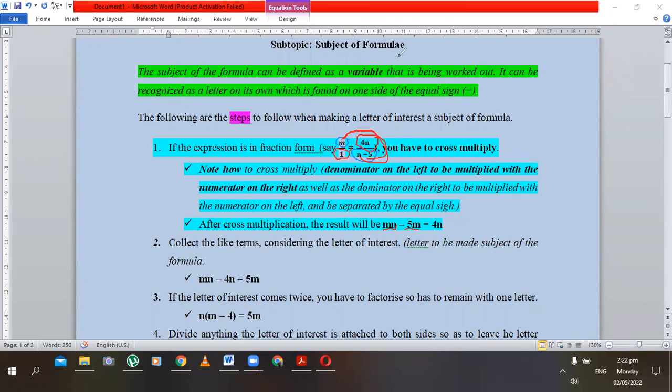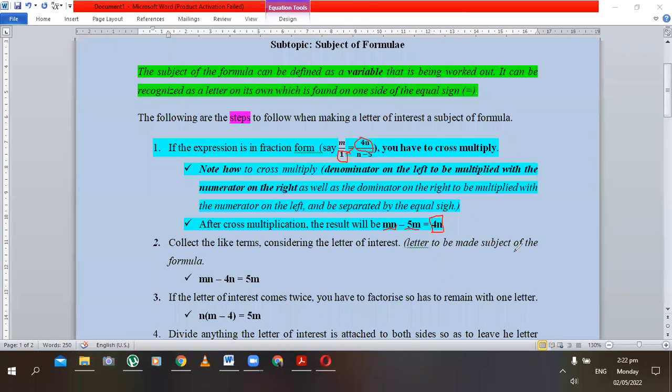The next thing will be, you multiply the denominator on the left as well as the numerator on the right. When we multiply these two, our resulting answer will be 4n.